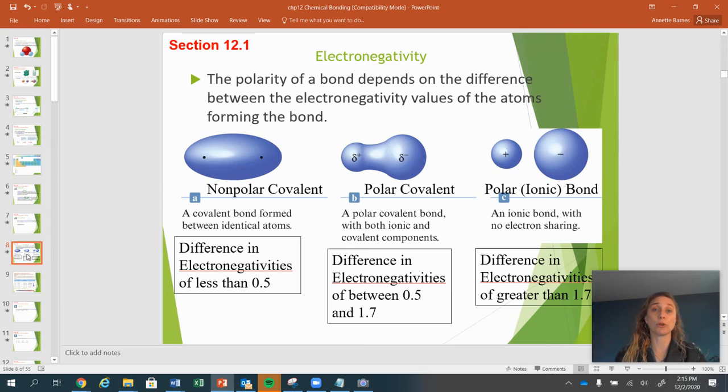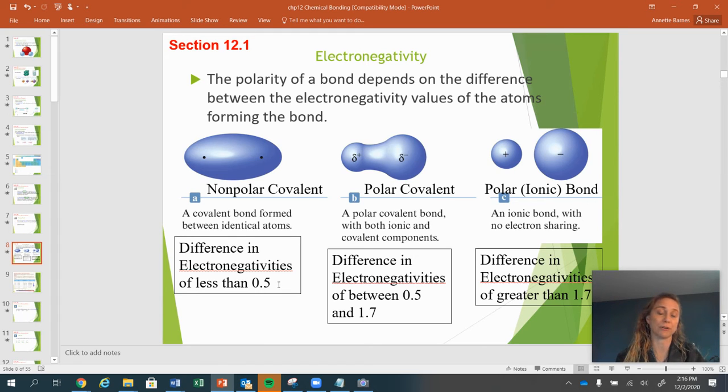Okay, but we're going to talk about the difference in electronegativity and how that affects the polarity of the bond between two atoms. So we talked about the first situation where it's going to be even sharing. You can see that electron cloud looks pretty even. We're going to call that non-polar covalent. Okay, so electrons are shared pretty evenly. That's going to mean, in all practicality, the electronegativities differ by less than 0.5.